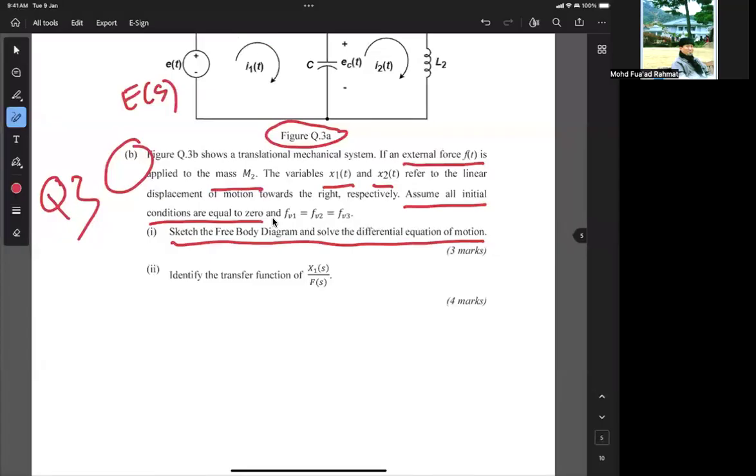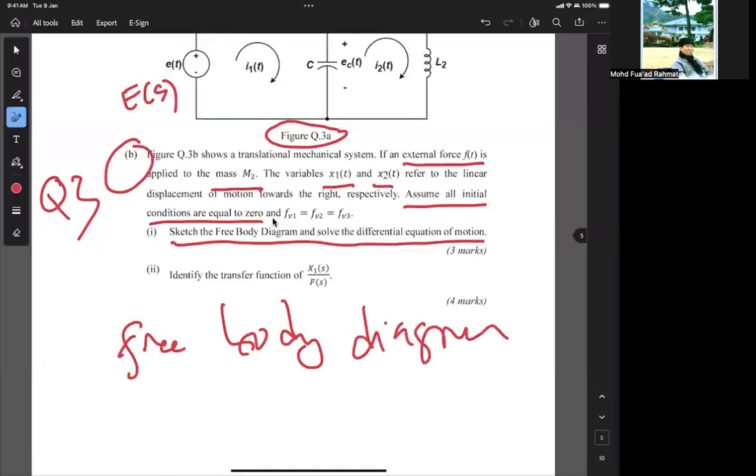So we draw the free body diagram for M1 and M2. When we draw the free body diagram for M1, M2 is standstill. If you draw the free body diagram for M2, M1 will be standstill.